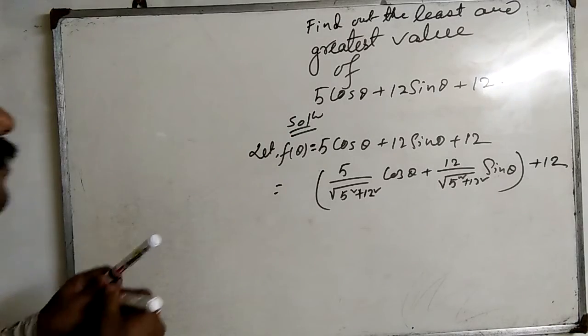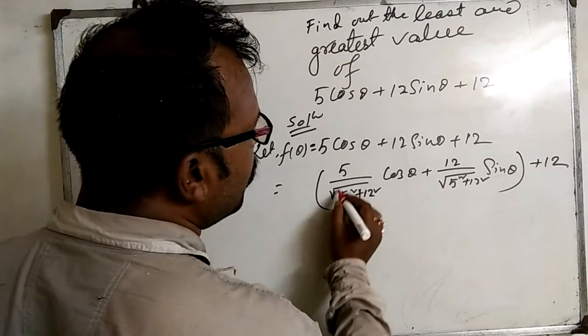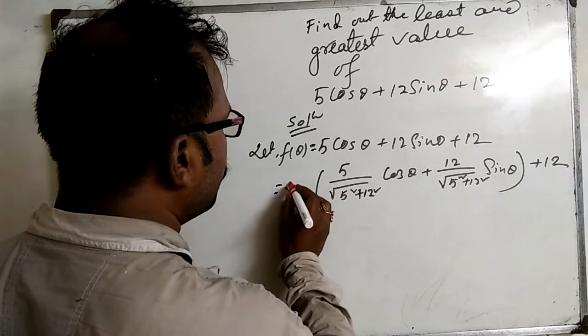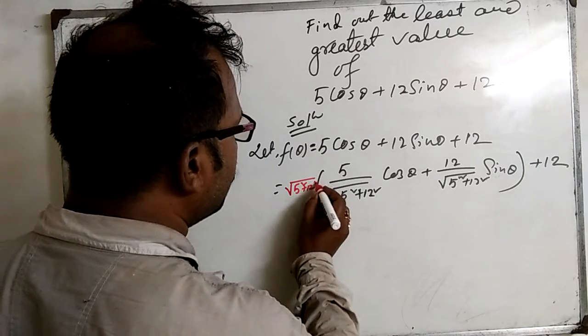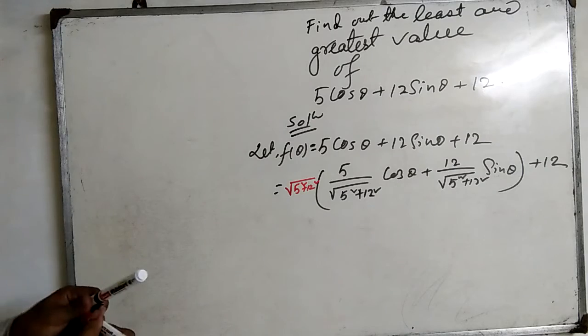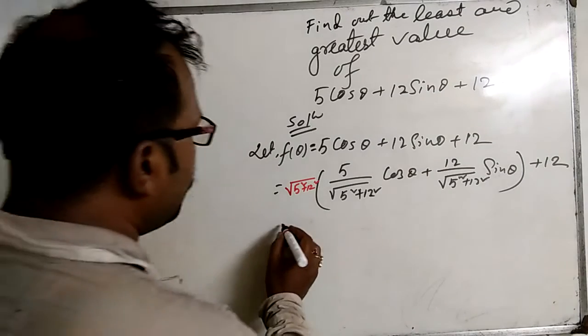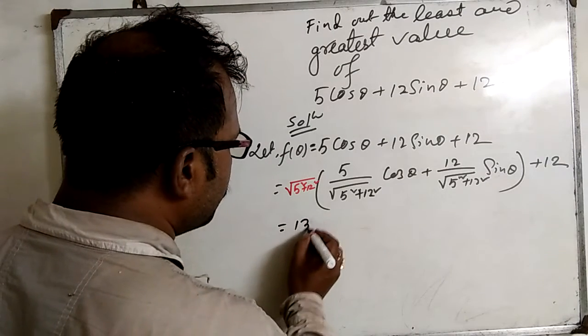The extra we are writing is that root over 5 square plus 12 square. We just multiply root over 5 square plus 12 square, that will be 13.